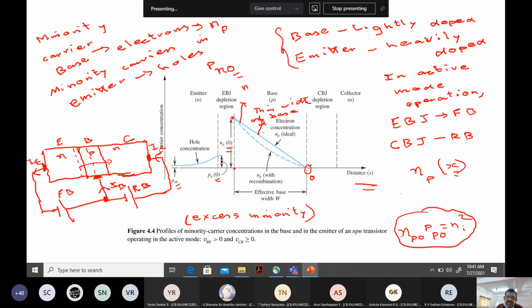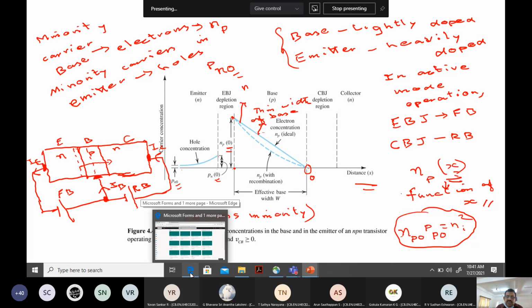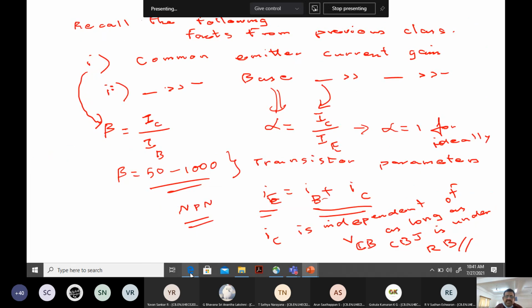It's a decay that is happening. This is a function of the distance, function of x, so don't get bothered by these symbols. With this understanding, let us carry further.